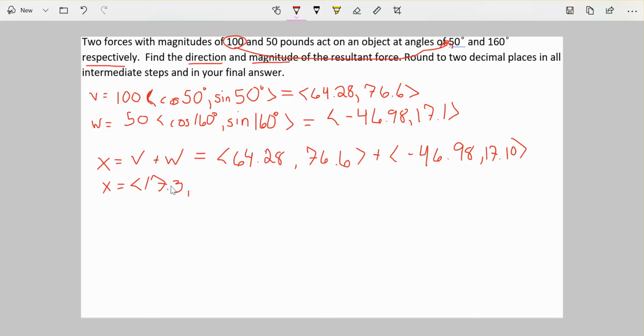I get 17.3. And then for the second part, I add my y's, and I get 93.7. So now this is what I'm going to use to find the direction and the magnitude.